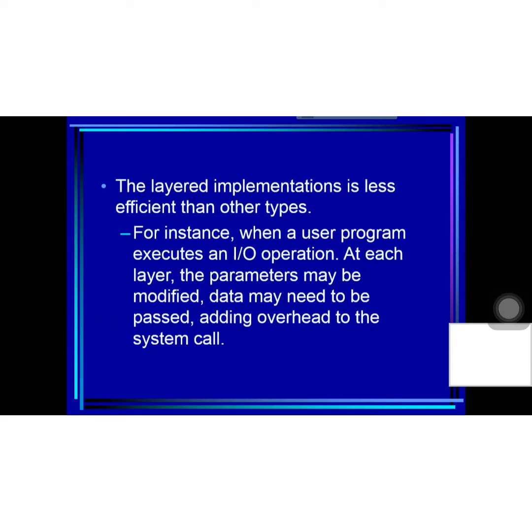At each layer, the parameters may be modified, data may need to be passed, and so on. Each layer adds overhead to the system call. The net result is a system call that takes longer than does one on a non-layered system.